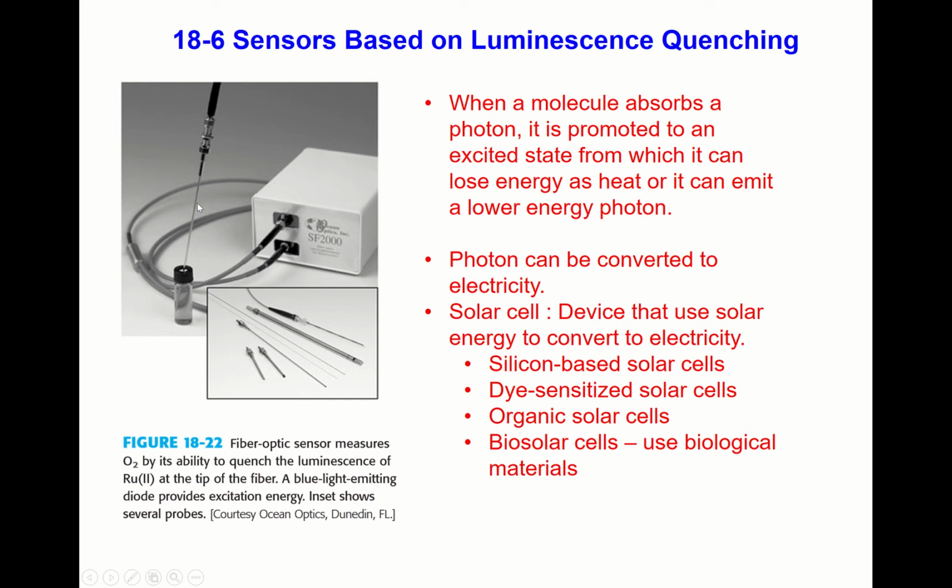There are not only one fiber, there are, let's say, two fibers. Another fiber receives the emitted light, and it enters into this box, and inside the box its intensity is measured. That way we can monitor the phenomenon in this vial.